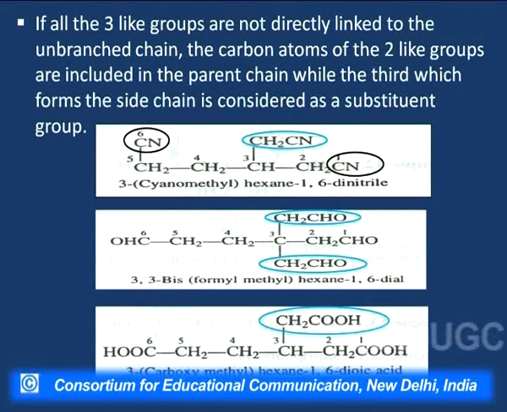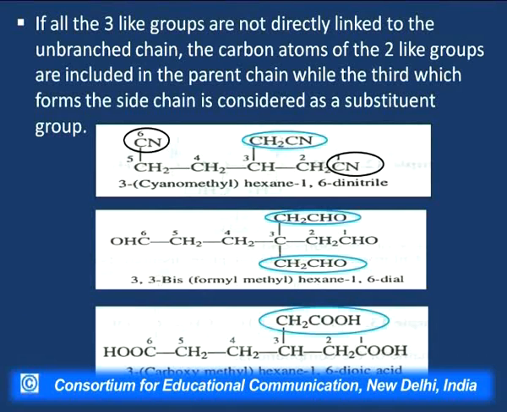Similarly, in the next example we've taken an example of an aldehyde which is having 4 aldehyde groups, 2 of which are attached to the main parent chain. We've included them in the main parent chain and I've taken the straight chain as the parent chain. So that becomes hexane 1,6-dial. Then if I talk of the substituent group which is put in a blue colored circle, again I have named this as formyl methyl group, right?